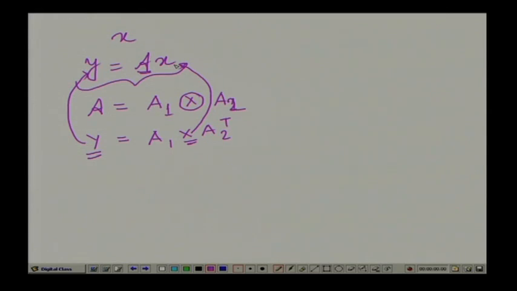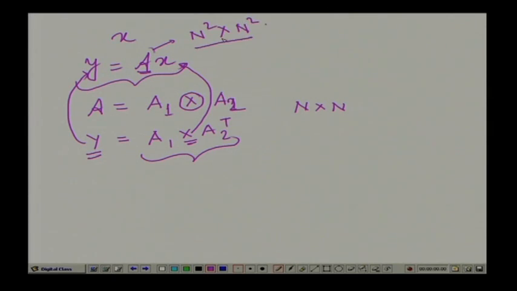Now, if we represent this in this form, it can be shown that if both A1 and A2 are of dimension n by n, then because A is the Kronecker product of A1 and A2, A will be of dimension n square by n square.